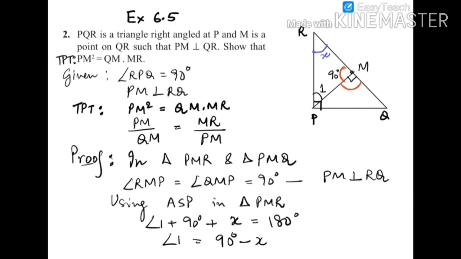So what can we say about angle 2 in triangle MPQ? Notice that angle P is 90 degrees. So angle 1 plus 2 should be 90 degrees. So let's write down this. So we have angle 1 plus angle 2 equal to 90 degrees as angle RPQ is 90 degrees.